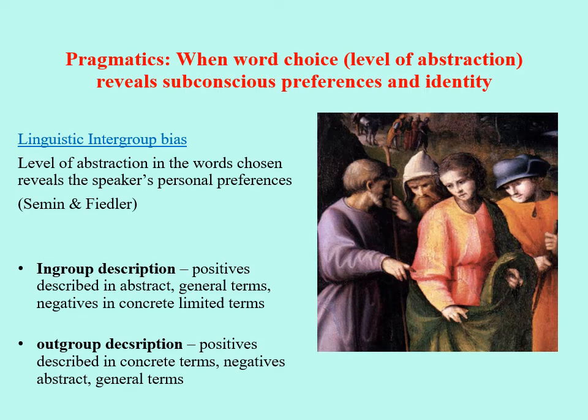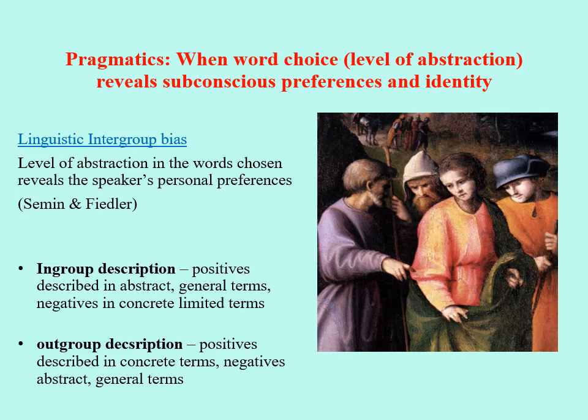Now, even though you have the same number of positives and negatives for both groups, people can reveal their preferences by using general abstract terms for the positive category for the in-group and specific concrete terms for the negative qualities of the in-group. And vice versa, the out-group can be described, the positive terms can be specific and isolated, and the negative characteristics can be abstract and general.